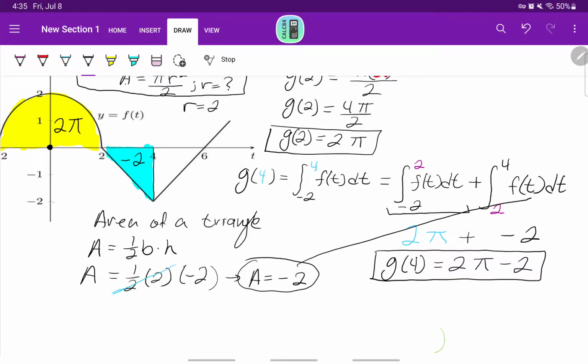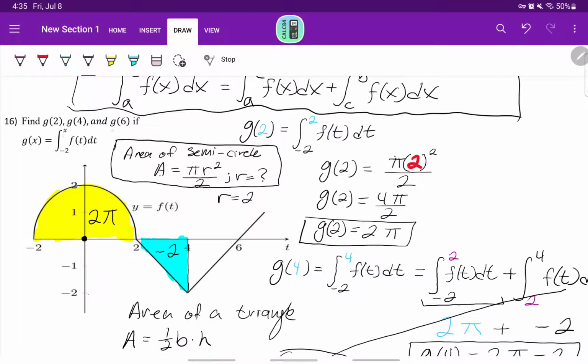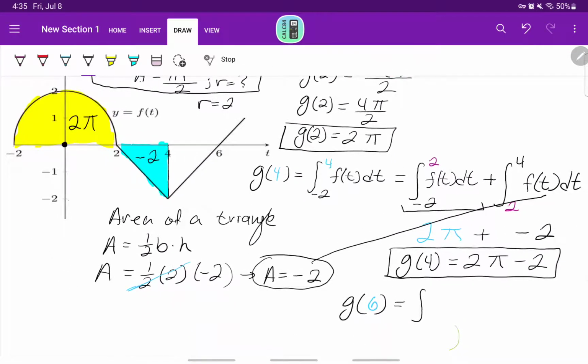If we're trying to find g of 6, that's going to equal the integral from, remember, it is -2 to x. x is 6. -2 to 6 of f of t dt.